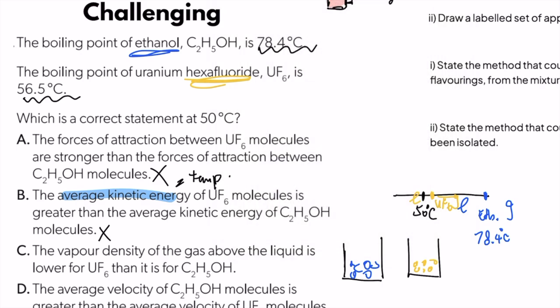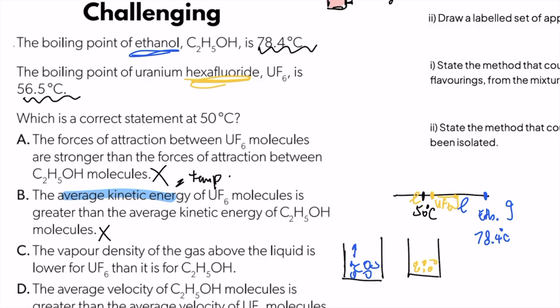Both are being boiled, and UF6 has a lower boiling point than ethanol. And so therefore, at 50 degrees, UF6 should be closer to boiling than is ethanol. And remember, evaporation can happen at any point, and heat is being added because we're talking about boiling point.